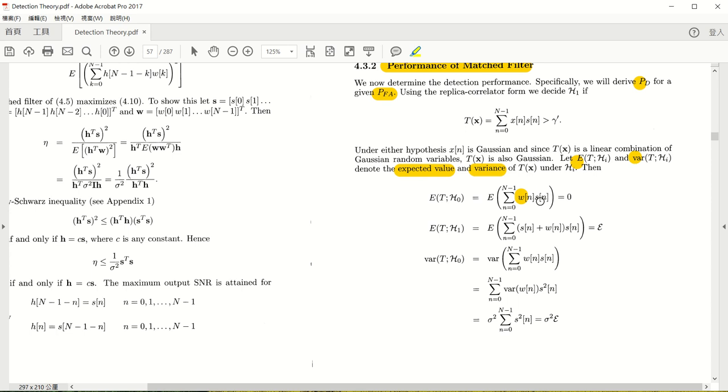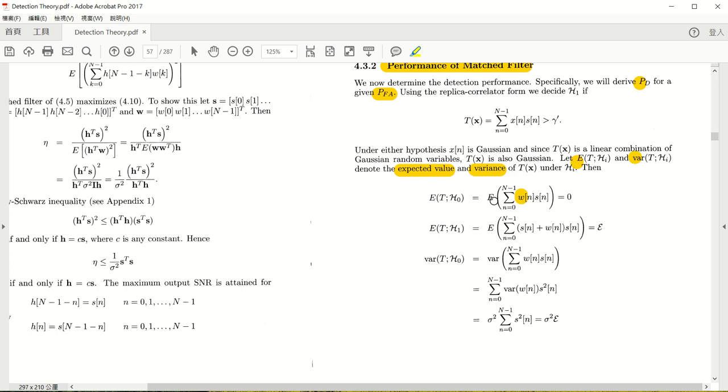And when you are trying to take the expectation of this Gaussian random variable with the S, that S is constant. Okay, this is a constant, but this is zero mean.